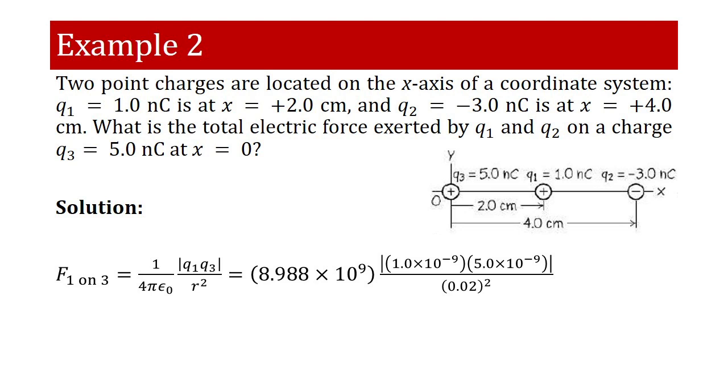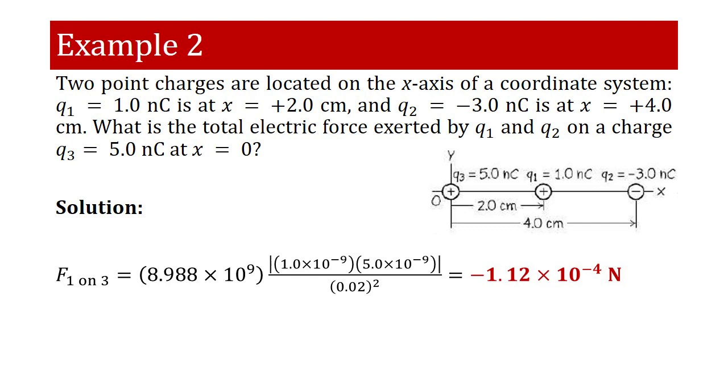Otherwise, your answer will be wrong. Q1 is 1 times 10 to the minus 9 because nanocoulombs. Q3 is 5 times 10 to the minus 9, divided by 0.02 meters, then you square it. Calculate this first, and you will get minus 1.12 times 10 to the minus 4 newtons.